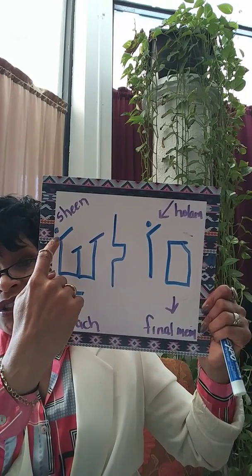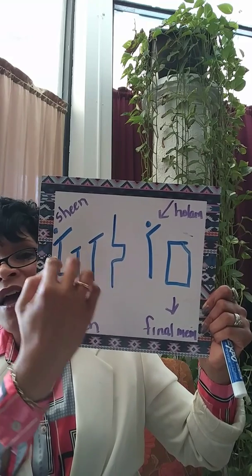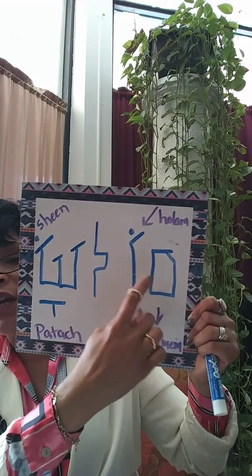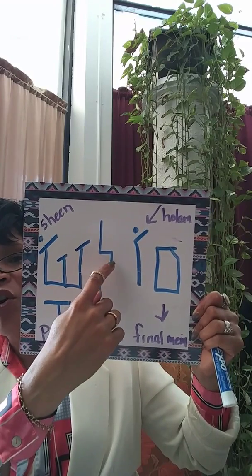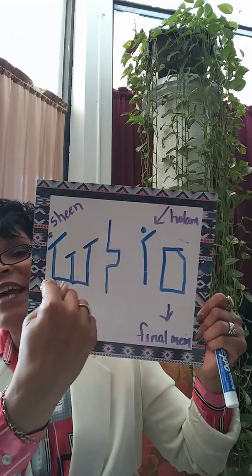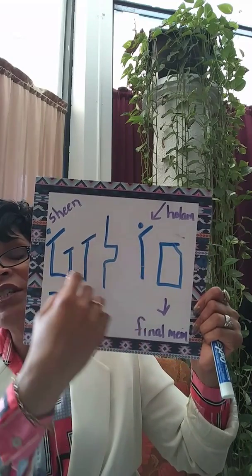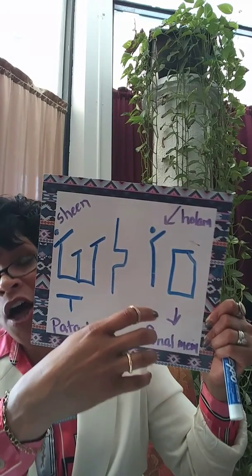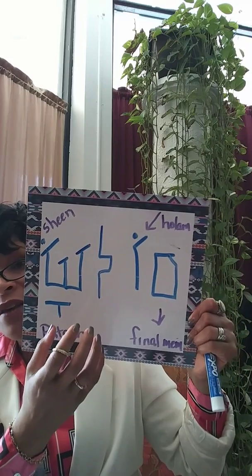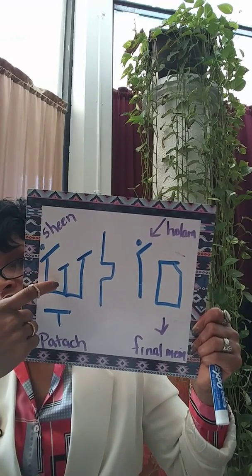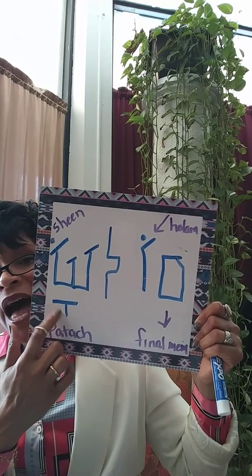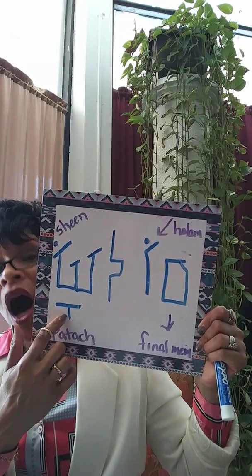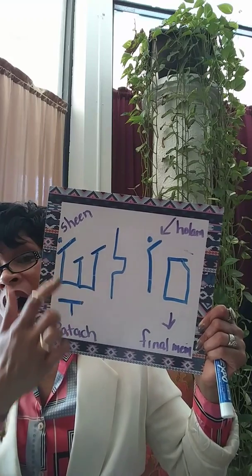Sh. That's all you want to say. We're not going to say sheen, lamed, holam, mem to say shalom. We're just making the first sounds of the Hebrew alphabet. So we got sh. We got a patak. Remember I told you this. What's the sound of a patak? As in father. Ah. So we got sh, ah.